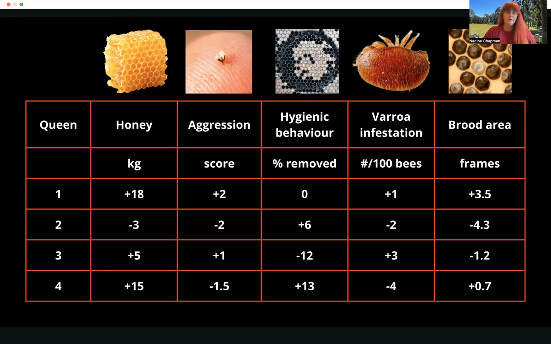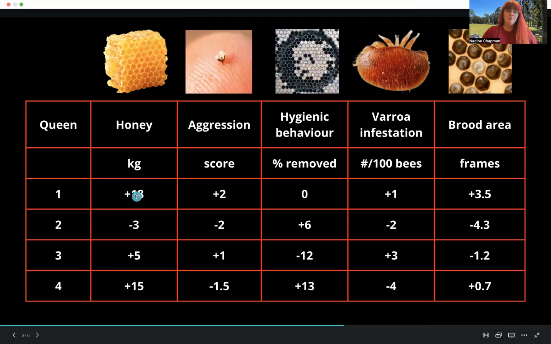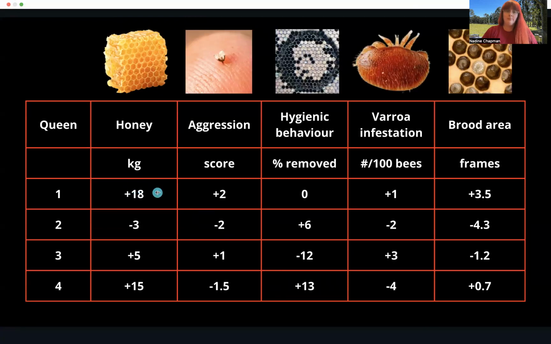So for the first one, we've got honey. And you can see here, the first queen, she's got plus 18 kilograms. So that means that this colony has produced 18 kilograms more than the average for that apiary at that time. Whereas the next one's got a -3, so it's below average. The next example I've got here is aggression, and that's measured on a score of 1, which is low aggression, to 5, which is high aggression.